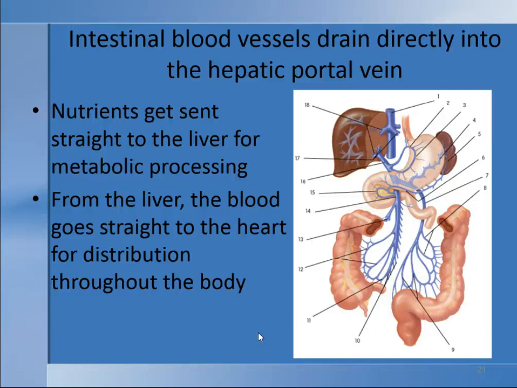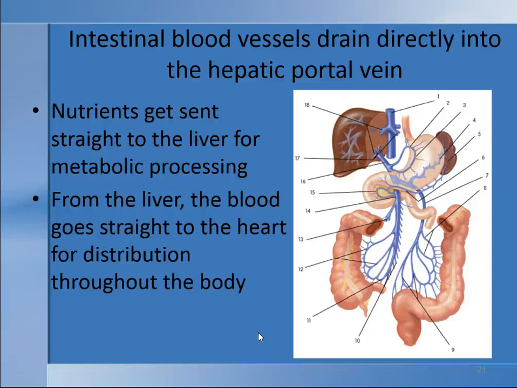Okay, now you have a lot of blood that's going to need to go to and away from the digestive system, the small intestines and the large intestine, and so what you have is this hepatic portal system, and nutrients will actually go back to the liver through this hepatic portal vein, and they'll be processed there, and then from the liver, which is highly vascularized, it'll go to be distributed.